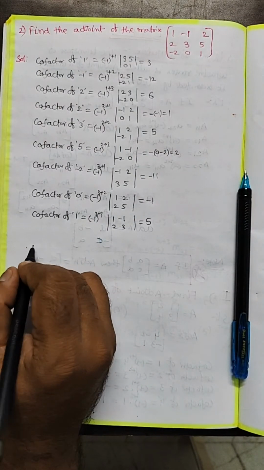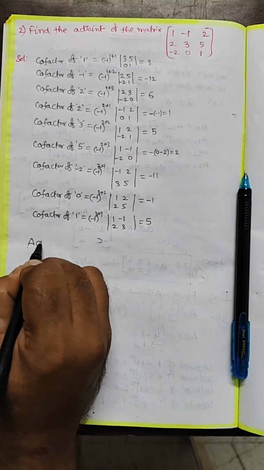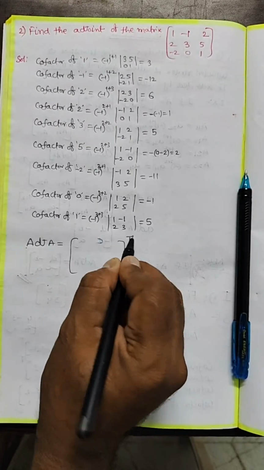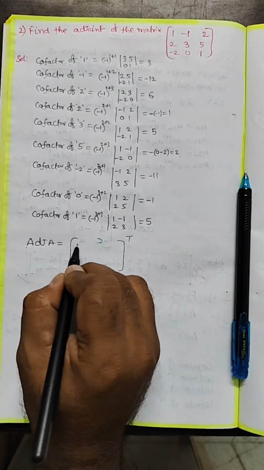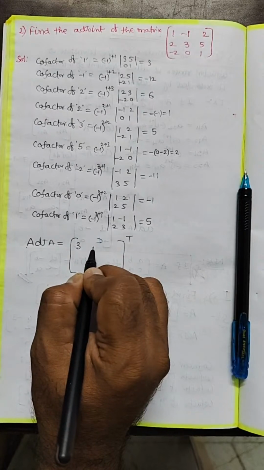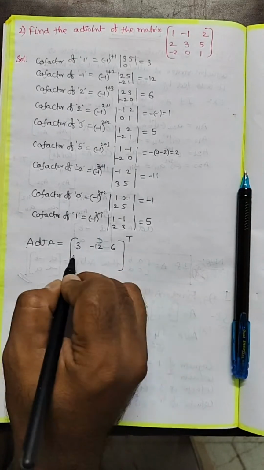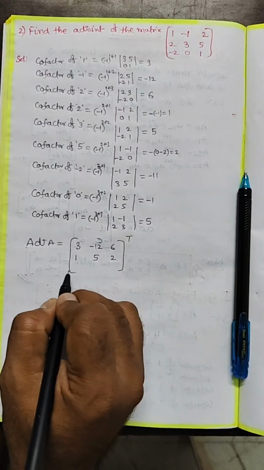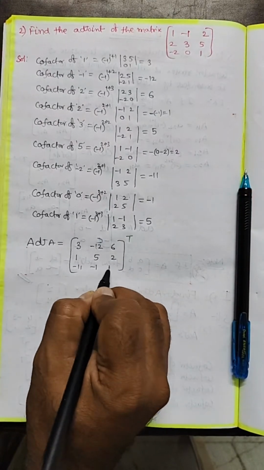So adjoint, directly I am writing, adjoint A equal to transpose of cofactors. So cofactors, you write it, 3, minus 12, 6, 1, 5, 2, minus 11, minus 1, 5.